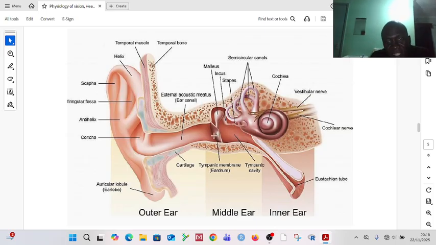The malleus is attached to the eardrum. Then the malleus is attached to the incus, which is attached to the stapes. So once the eardrum vibrates, because sound has entered here, it will make the eardrum vibrate, then that eardrum's vibration will lead to the movement of the malleus, the incus, and the stapes. Okay?